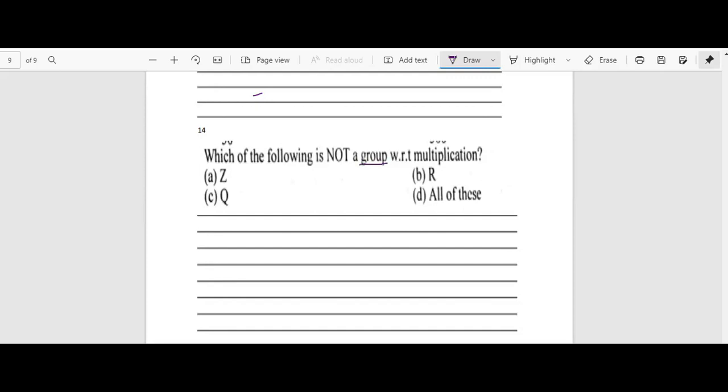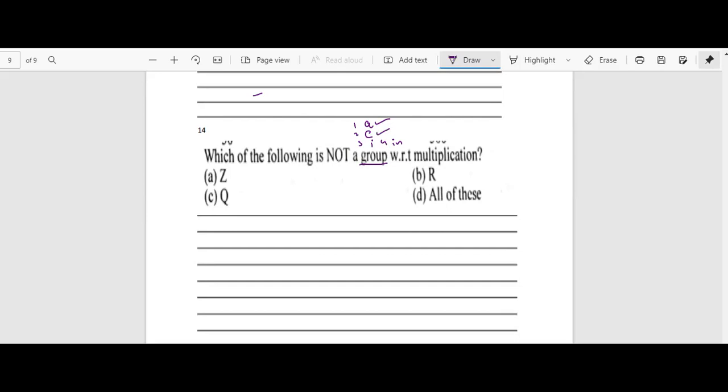A group should satisfy the associative property, it should be closed, and we should have identity elements and inverses. Multiplication satisfies the associative property, and it is always closed.